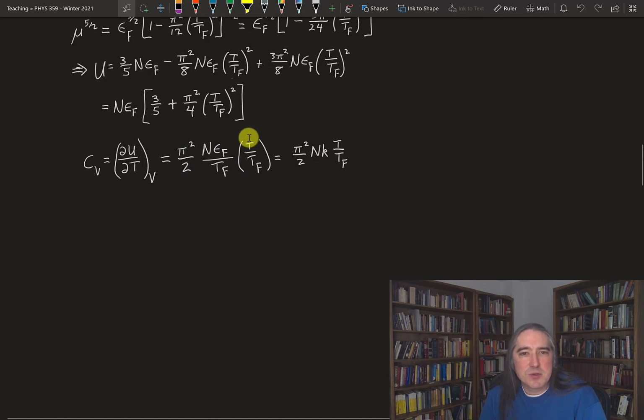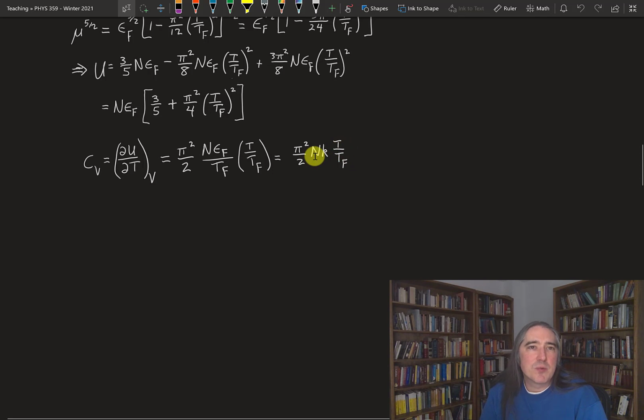And if we just shrink this down a bit more, E Fermi over T Fermi is just K. So this looks at least vaguely reminiscent of what the heat capacity should be for an ideal gas. And by should be, I mean a classical ideal gas, right? It's proportional to Nk. We have treated these fermions as structureless particles, which is certainly correct for electrons and a very good approximation for lots of other things like nucleons or cold atoms.